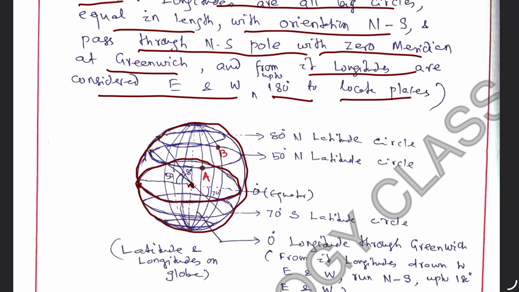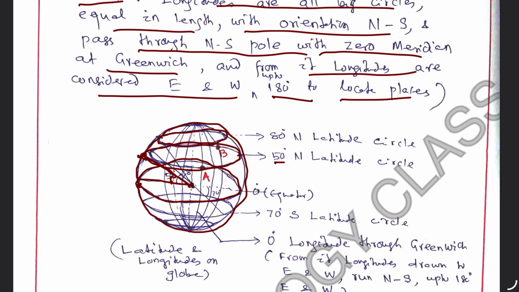So, if a place is here, from the equatorial plane we join the center of the earth to that place, and the angle this line makes with the equatorial plane gives the latitude of this place. Latitude is a circle.